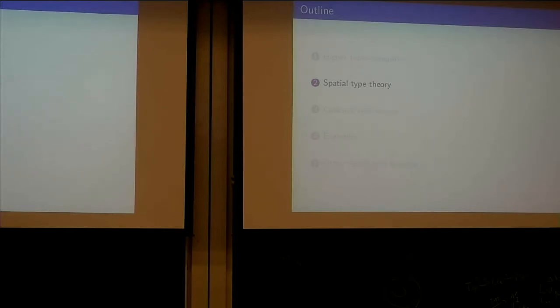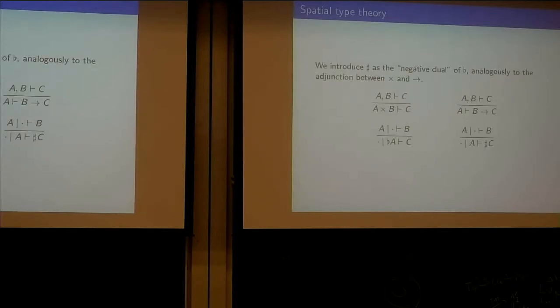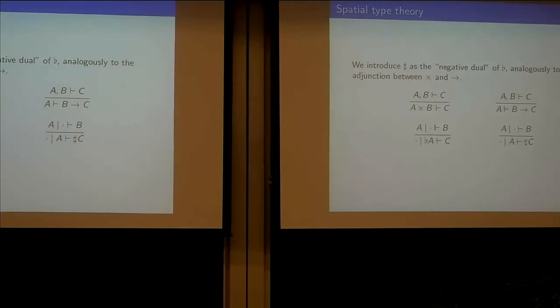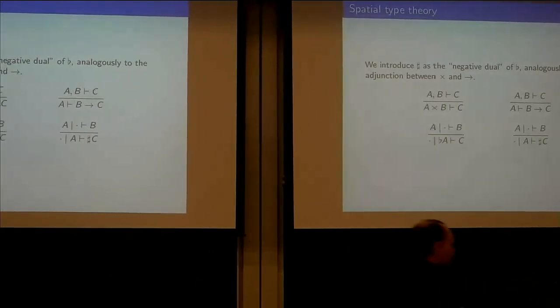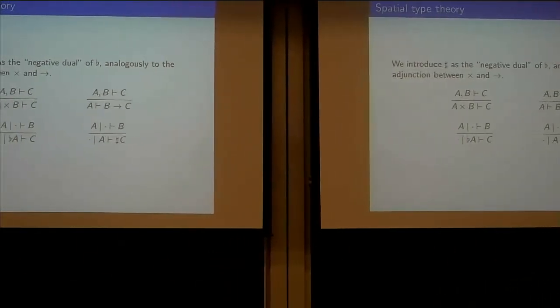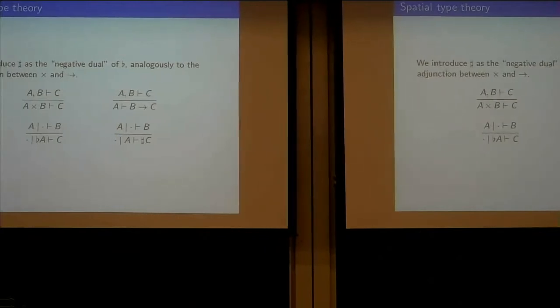So let me go back now to the type theory and talk about sharp. Sharp was already used earlier this morning, but I didn't get a chance to mention the rules for it yesterday. Syntactically, we can think of it as dual to flat in the same way that function spaces are dual to Cartesian products. I want to say exactly what I mean by that, but there's some sort of intuition there.